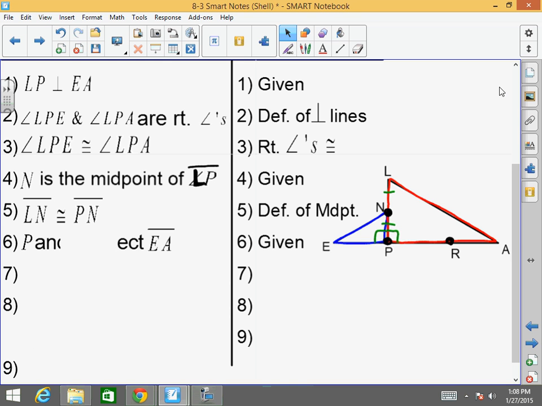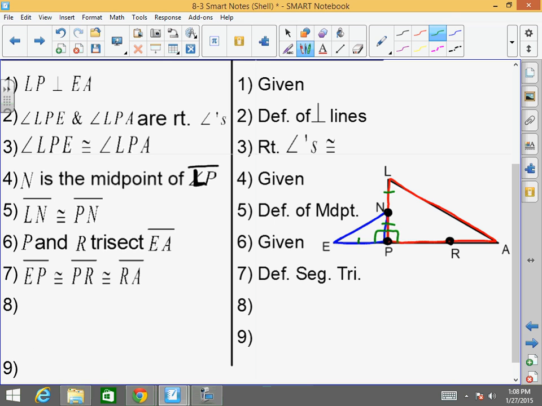That's a given. So if they trisect EA, what can I say? I love it, guys. EP is congruent to PR, which is congruent to RA. Fantastic, definition of segment trisector. So this guy is congruent to that guy, which is congruent to that guy.